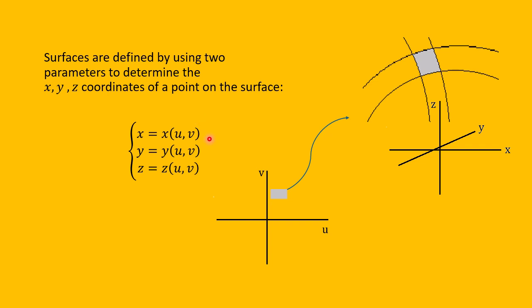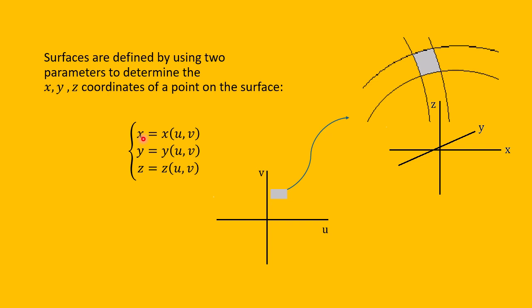So to attack this problem, let's remember that surfaces are defined by using two parameters to determine the x, y, z coordinates of a point on the surface. We can think of a two-dimensional space here with axes u and v, and we will map some region down here into a region in three-dimensional space with axes x, y, and z.